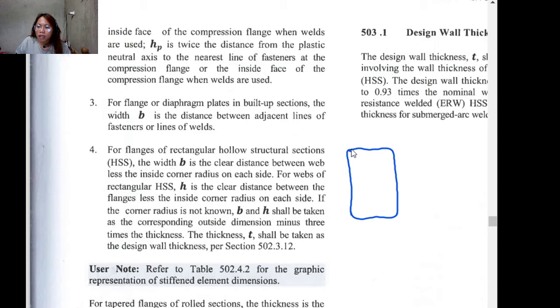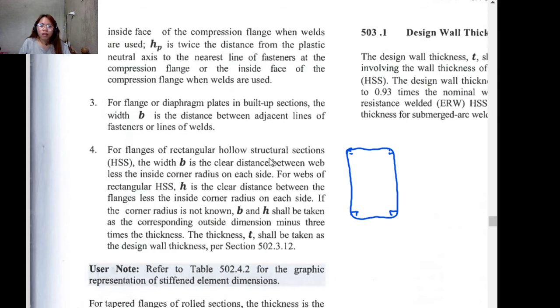Meaning it is like a quarter of a circle, with a radius, and the same corner radius on the other side, right?